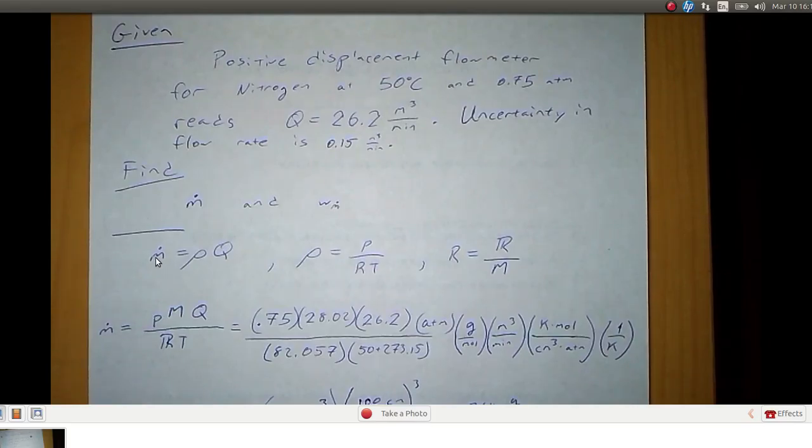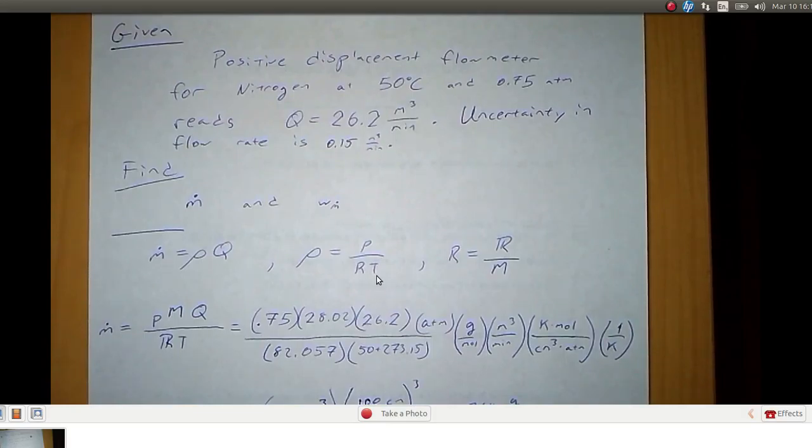The equation for mass flow rate in terms of volumetric flow rate is density times the volumetric flow rate, Q. And density for an ideal gas is P divided by R times T. And R is different for every gas, and it can be determined from the universal gas constant divided by the molecular weight, M. Now, combining all these, we get that the mass flow rate is P times M times Q divided by universal gas constant times temperature.